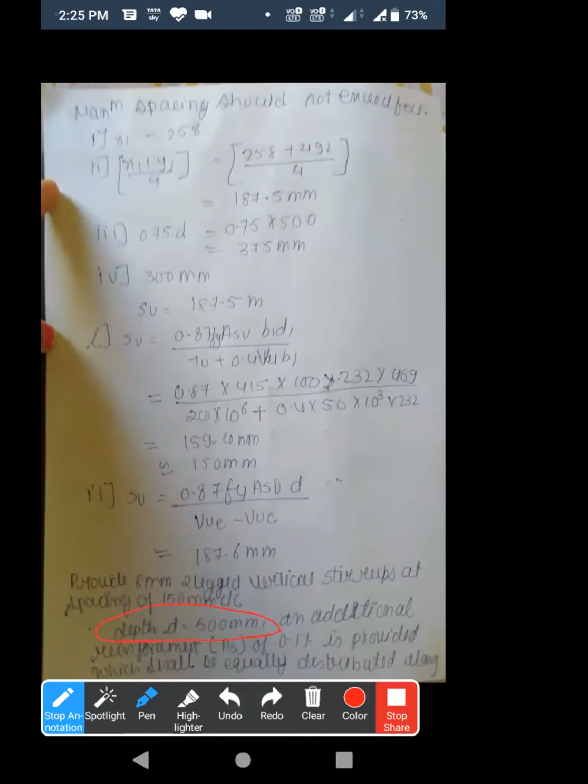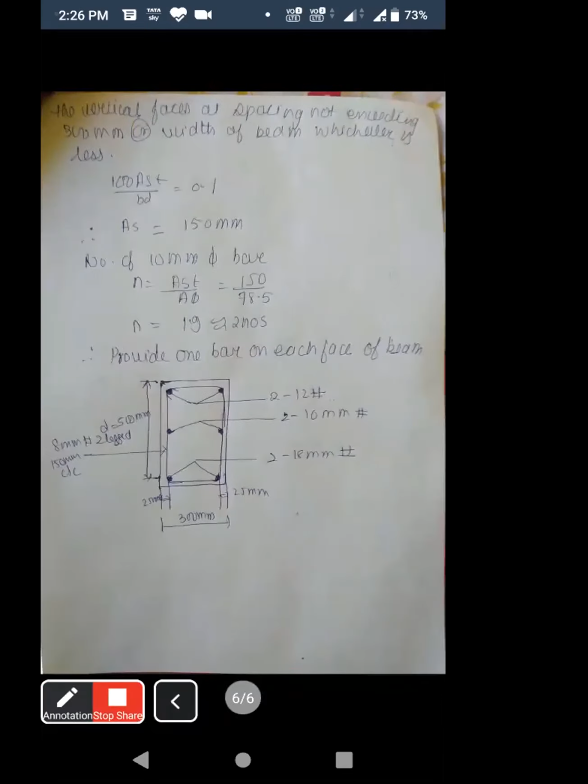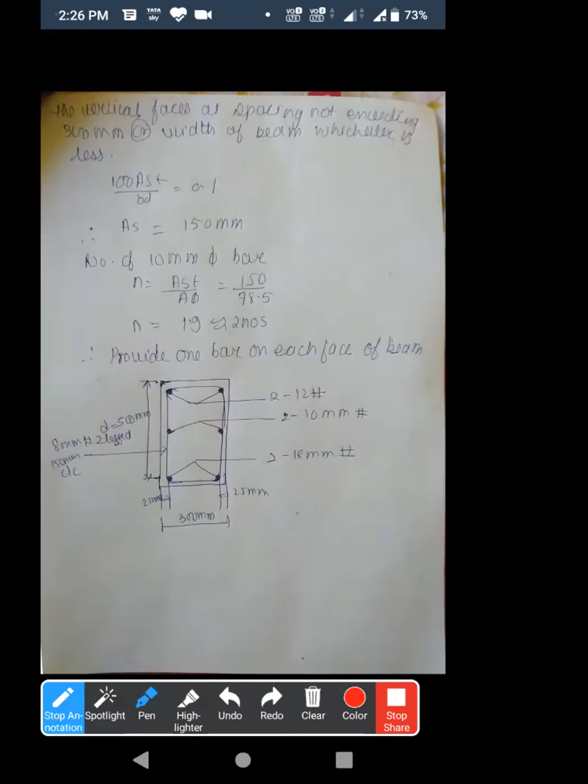For this depth, an additional reinforcement of 0.1% is to be provided, equally distributed along your vertical face. The spacing should be 300 mm or the width of the beam, whichever is less. Since the width of the beam and the spacing are equal, here you have to provide the spacing as 300 mm.